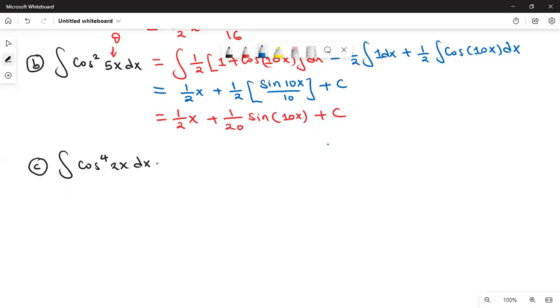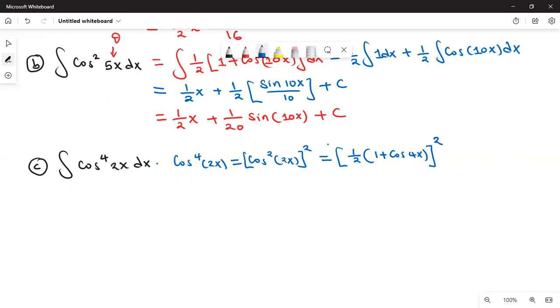Take note that cosine raised to 4 of 2x is the same as cosine squared of 2x, and this is squared. And we know cosine squared of 2x is the same as 1 over 2 into 1 plus cos 4x, and this is now squared.